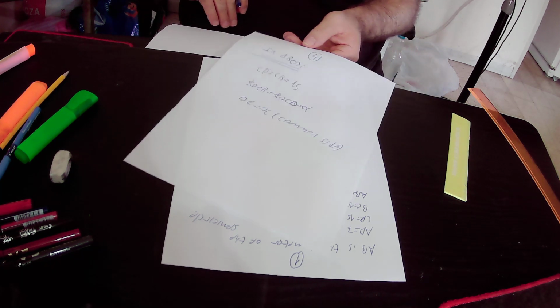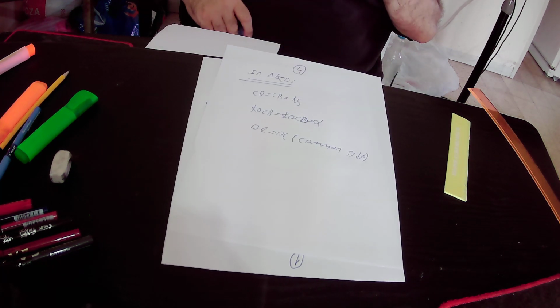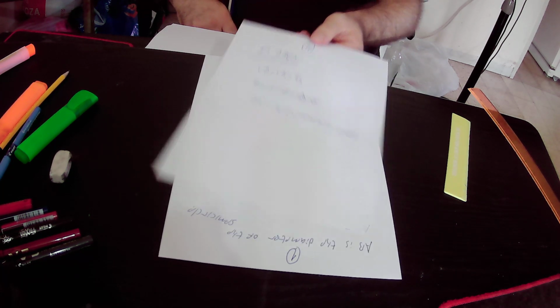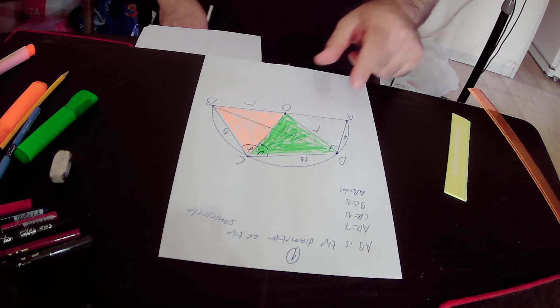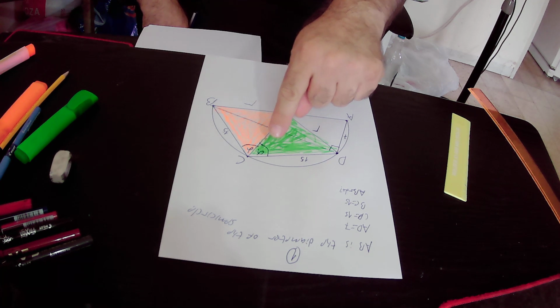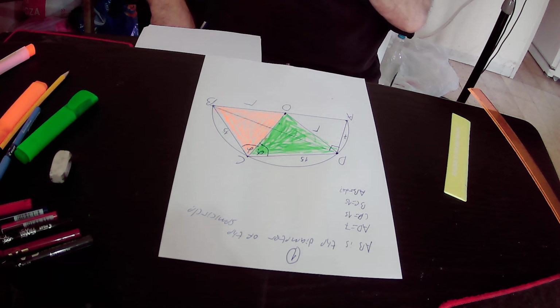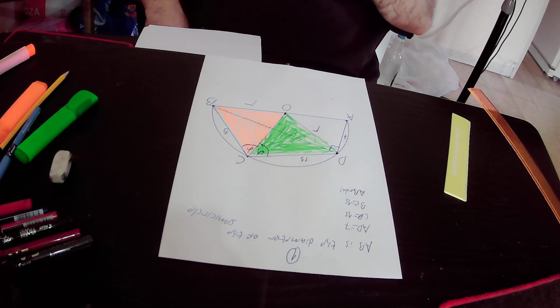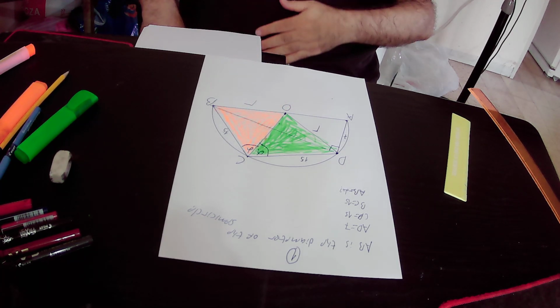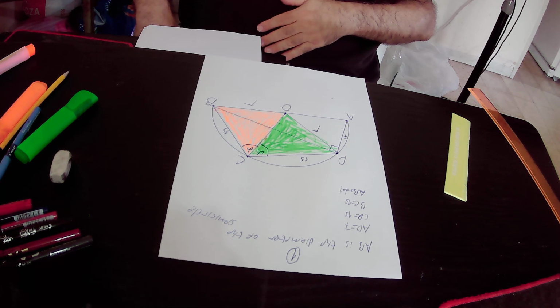So we actually proved that two sides and the included angle in the green triangle are equal to two sides and the included angle in the orange triangle.